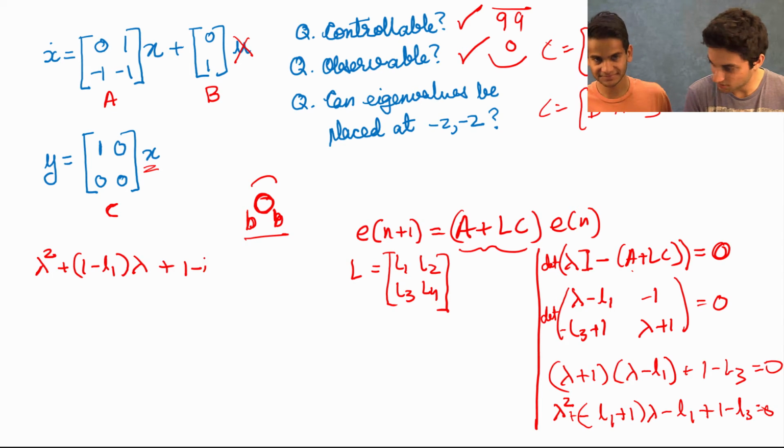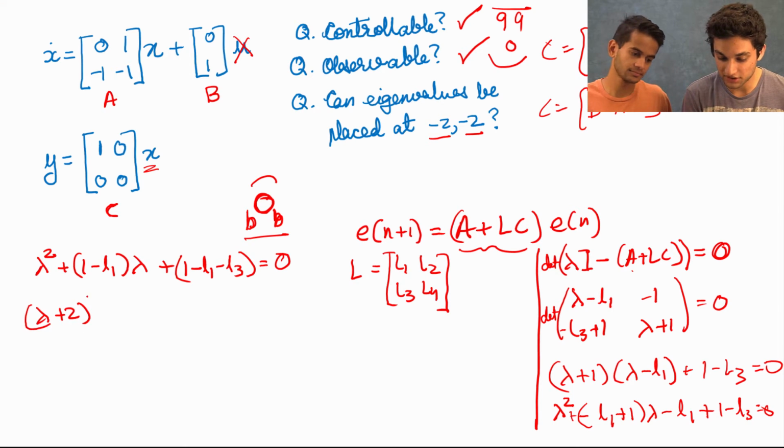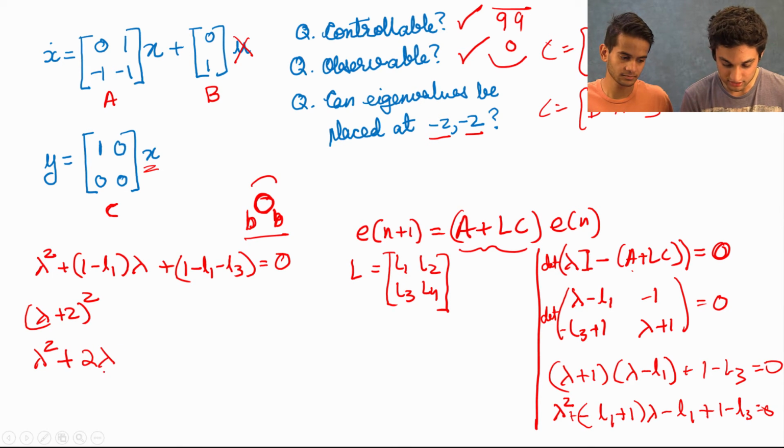Okay, so writing it out here again, we have lambda squared plus (1 minus L1) lambda plus this whole mess, 1 minus L1 minus L3, is equal to 0. If we want our eigenvalues to be placed at -2 and -2, we want the characteristic polynomial to look like lambda squared plus 4 lambda plus 4 equal to 0.